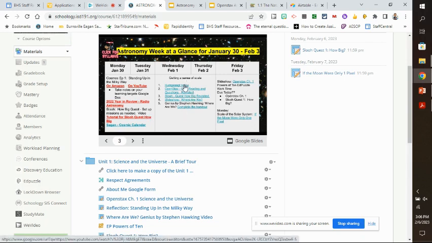Getting a sense of scale, we looked at the Kurzgesagt video, the reading again, Slew, the slideshow, Where Are We? Something to take a look at. That's what we did before watching The Genius by Stephen Hawking, Where Are We? We took a look at, if the Earth were the size of a basketball, how big would the moon be and how far away?